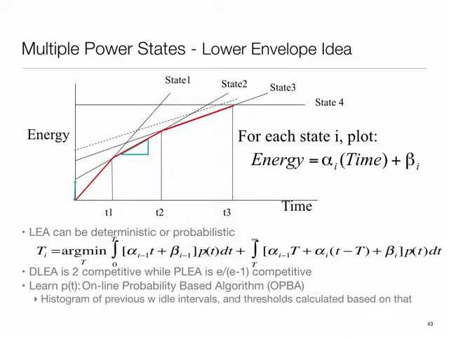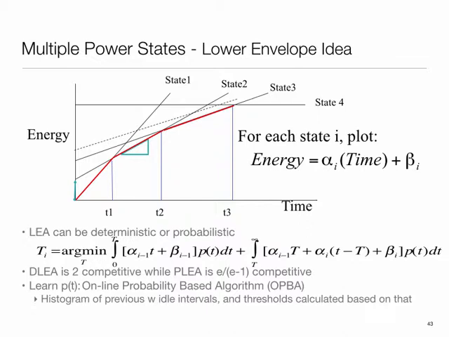So even though in this case state 4 has the least slope, it has the highest intercept, so it's going to take a lot to come out. My good policy is not going to be to jump to state 4 as soon as I'm idle. On the other hand, state 1 has a sharp slope but a very small intercept. So if I'm going to sleep for small periods of time, that's the good state to go to.